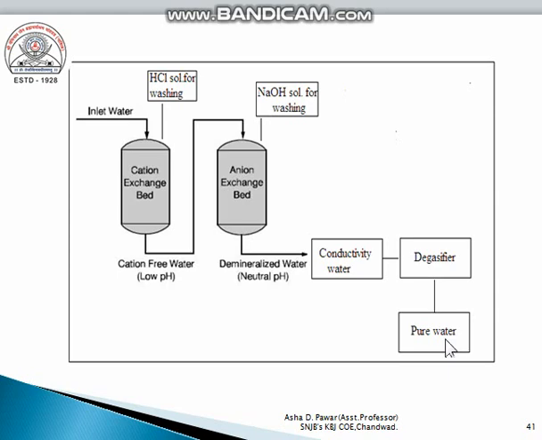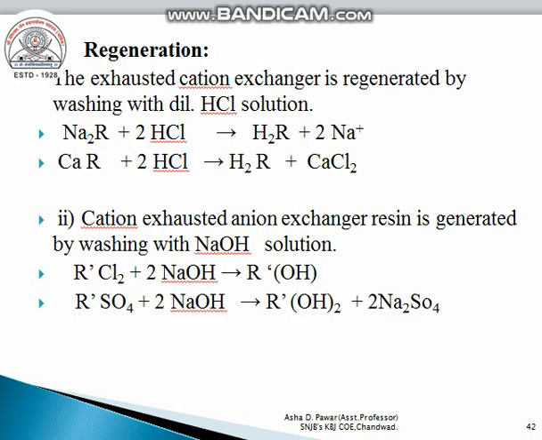We call it demineralized water. If a larger amount of water is softened, the cation exchanger and anion exchanger beds become exhausted, because there are no exchangeable H plus ions and OH minus ions left in the respective beds. So there is a need to regenerate the beds using some chemicals, and that process is the regeneration process.